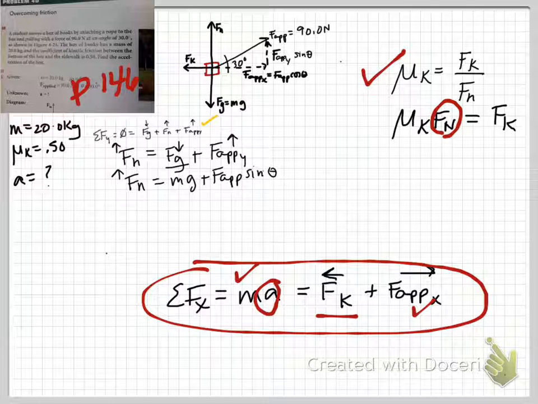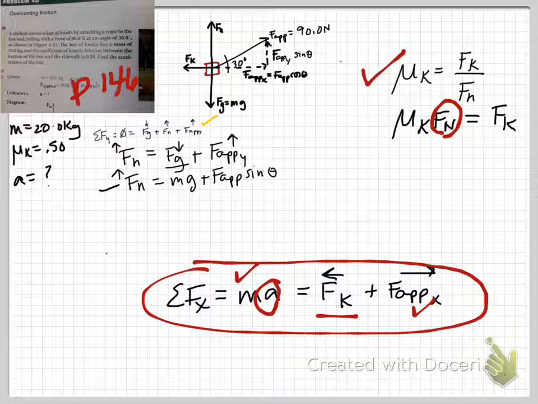Yeah. The negative of Fn. You're right. The negative of Fn would be mg, and this is where it does get dicey. It gets tricky. So whatever the magnitude of the normal force is, it is going to be opposite in direction to those other forces.